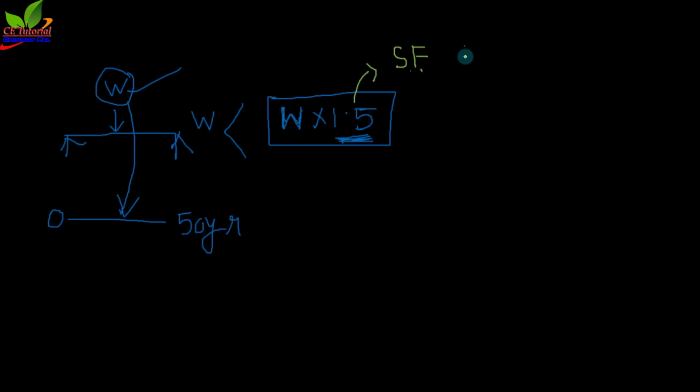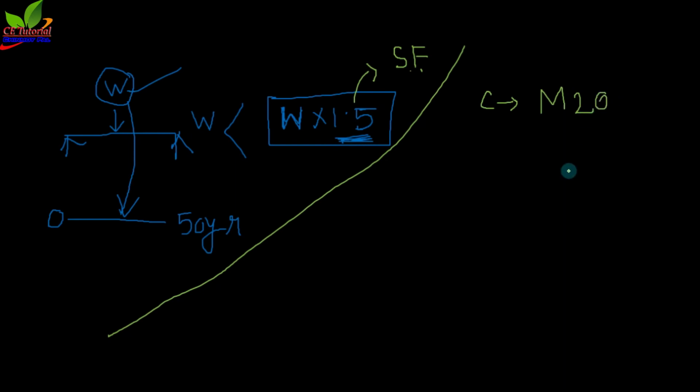Now the other part is we are considering the strength of the material. Suppose for concrete, this is M20 grade concrete. I have told you we are considering the total amount of strength.